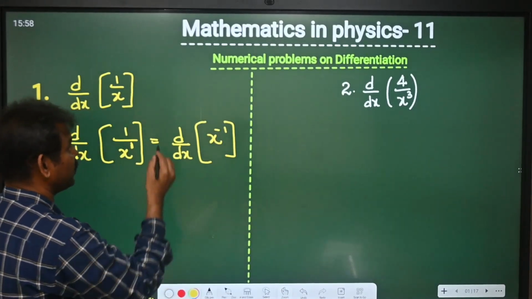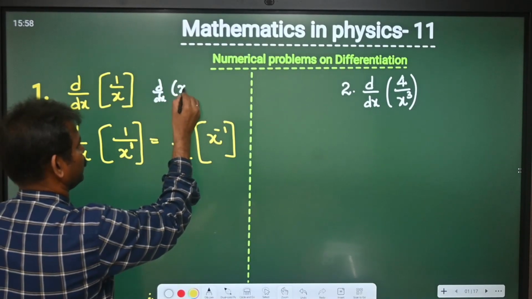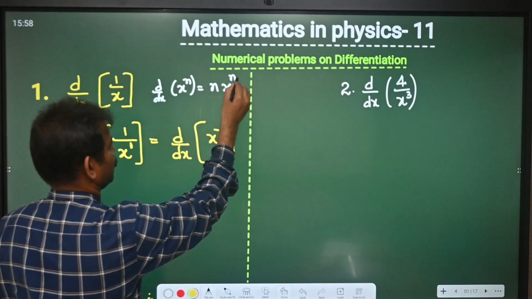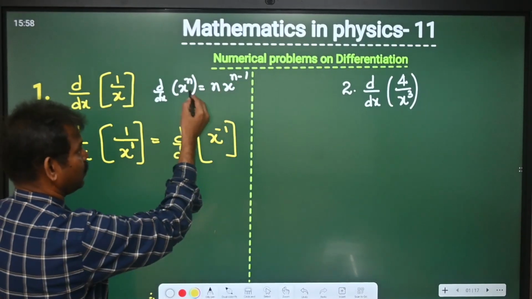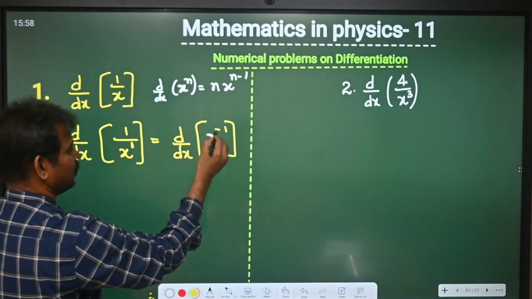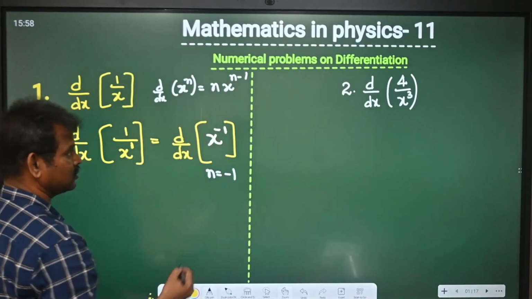Now, we know the power rule: d by dx of x power n is equal to n into x power n minus 1. If you compare, here we have x, and here the power is equal to minus 1.